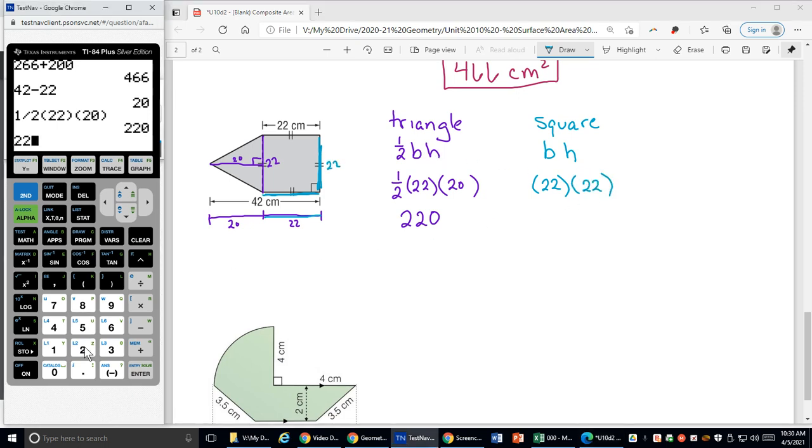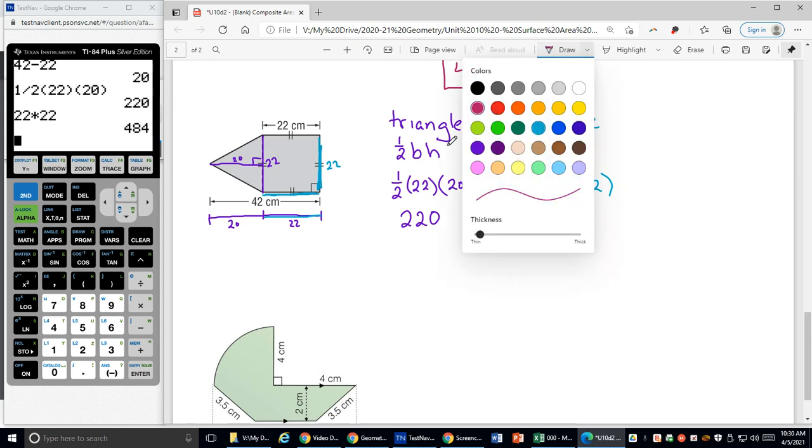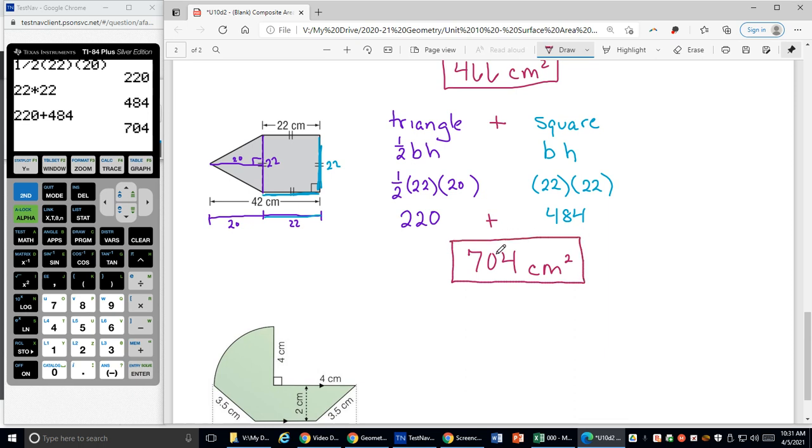So 22 times 22, or 22 squared, because it's a square, is 484. So then to find the total area, all I need to do is add my triangle to my square. So my total area is going to be 220 plus 484, which is 704. My units here are centimeters, and since it's area, we say they are square centimeters. Remember that square never goes on the number, it always goes on the units.